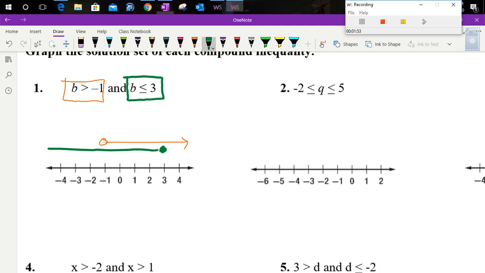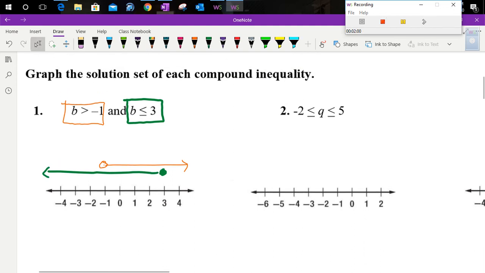Now, here's the important thing that we need to jot down here. Since we're dealing with an and, we look for where they overlap. Overlap, that's going to be our answer. Where they overlap is what we're going to graph for our answer.